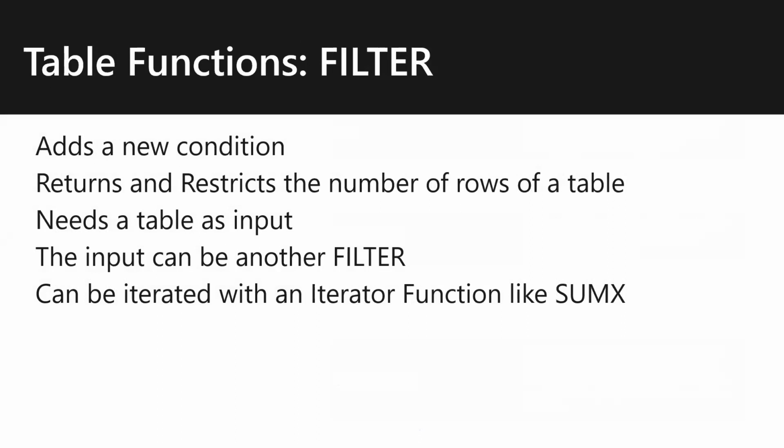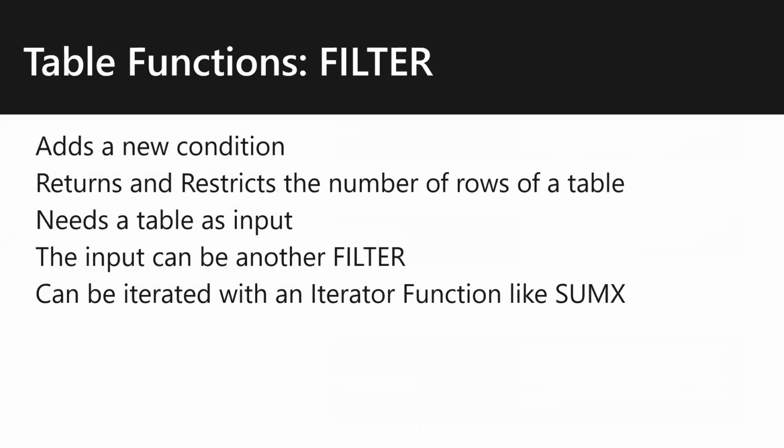And what do we need to know about filter? Filter, like all other table functions, takes in as an input a table, and it returns a table. But in the filter, you also need to add as an argument a condition that will determine the output.